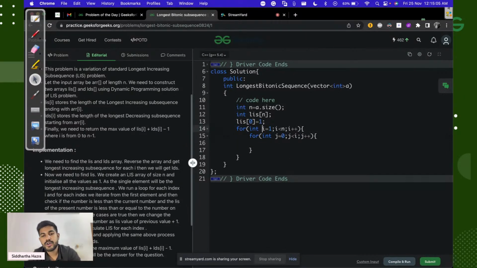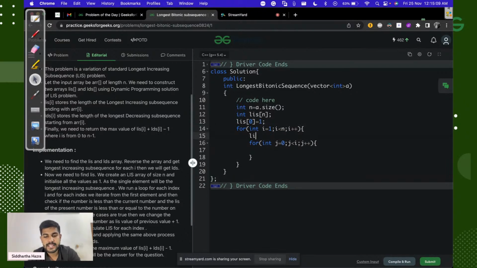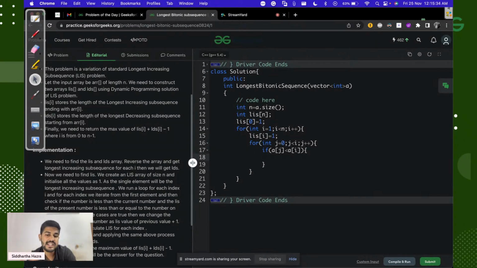So what we would do is lis[i] = 1, to ensure that initially the answer is 1. Now I would say that if the previous element, if the influential person is beneath me, if a[j] < a[i], then only we would consider.